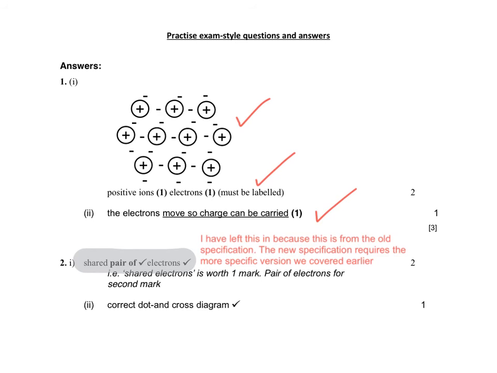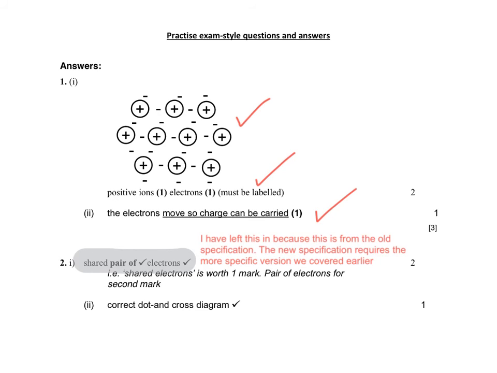This mark scheme is actually from a previous specification. Now all the other parts of the mark scheme are fine because I've double checked it before putting it in this clip. But just in case you were going to look at some past papers, for example, let's say you wanted to go and look on the exam board's website and you pulled up a past paper and didn't realise that it was from a previous specification, it might allow you to just say that a covalent bond is a shared pair of electrons.